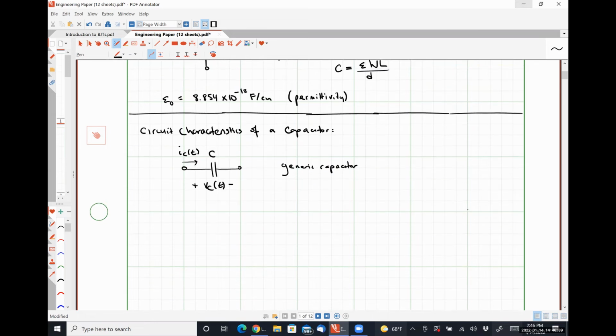There's a second symbol that is often used that is very similar, where one of the plates of the capacitor is shown as a curved line. This is what's known as an electrolytic or polarized capacitor.